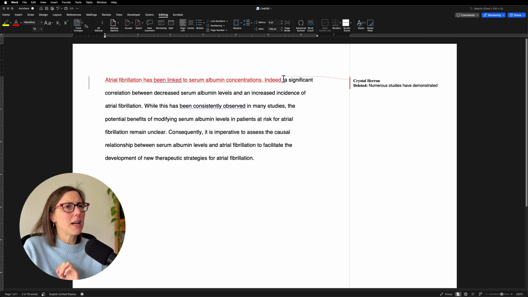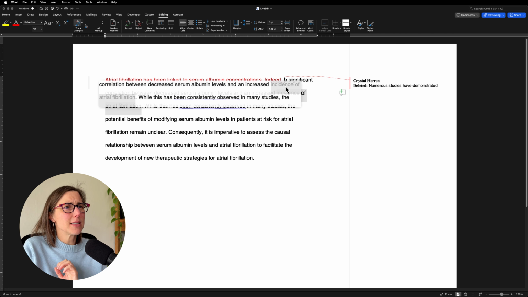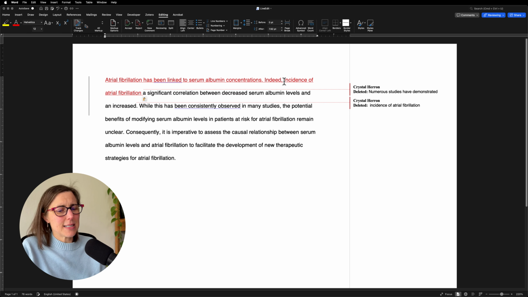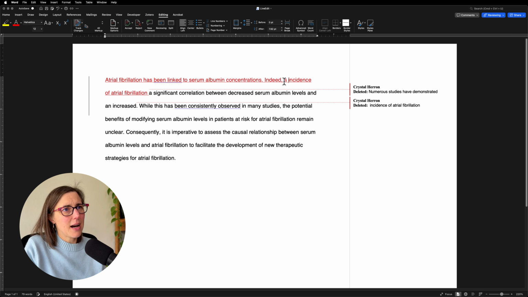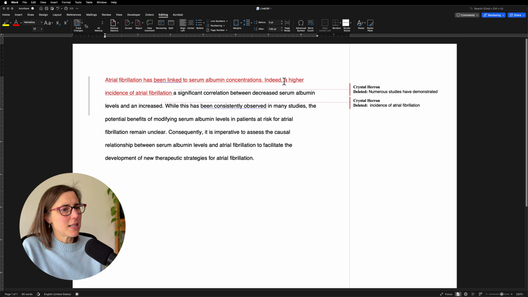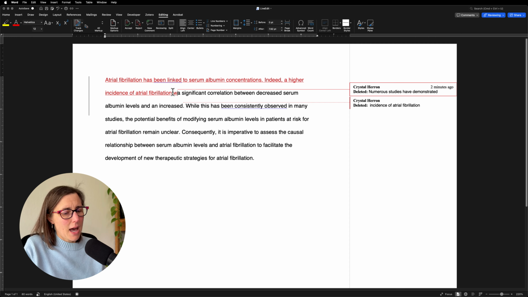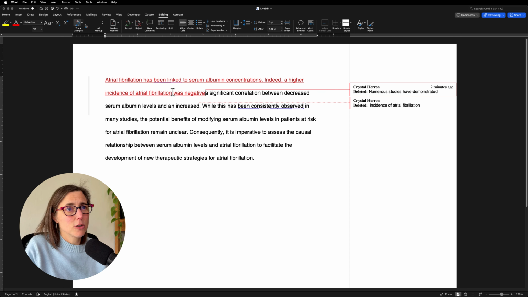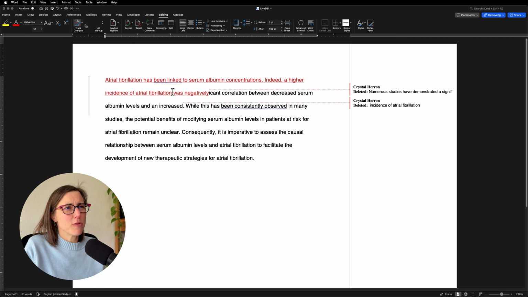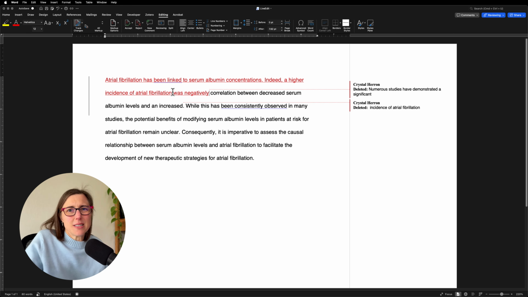So I'm going to say indeed, I'm not going to say an increased incidence of atrial fibrillation. I'm going to move this up here and say that a higher incidence of atrial fibrillation was negatively correlated. I mentioned before, correlation, is it positive, is it negative?